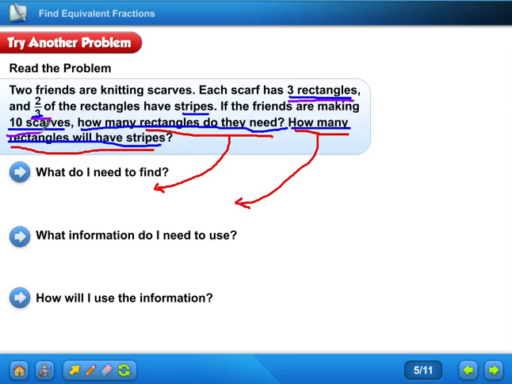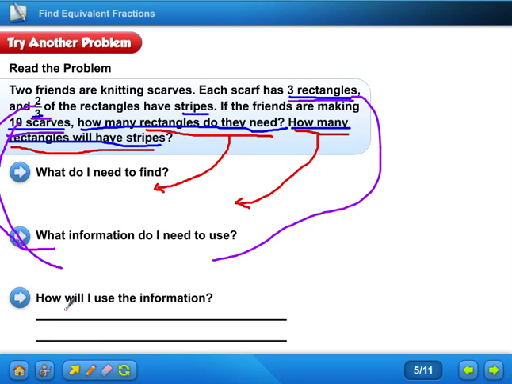And there are 10 scarves. So this needs to go down here. There are 10 scarves. So I'm going to use 3 rectangles, 2/3 of the rectangles have stripes, and there are 10 scarves. That's all the information. How will I use this information?